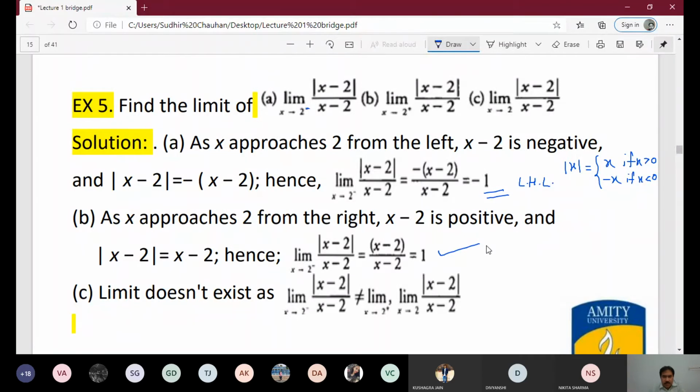So the left hand limit is minus 1, the right hand limit is 1. So the limits are different. As the left hand limit is not equal to the right hand limit, we can say the limit does not exist for the case of C, that is, limit x tends to 2.